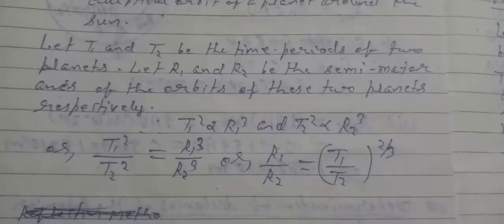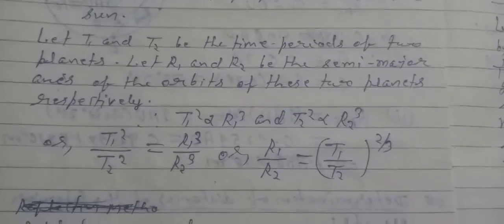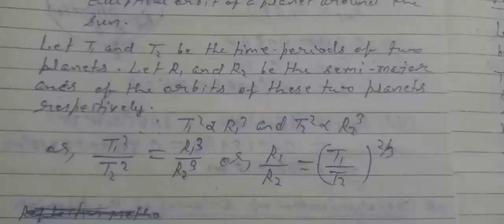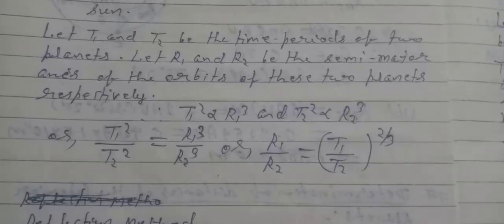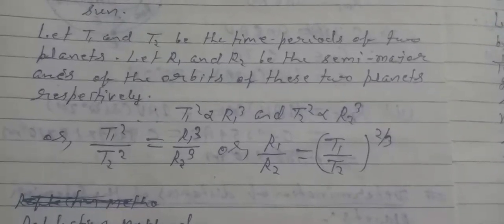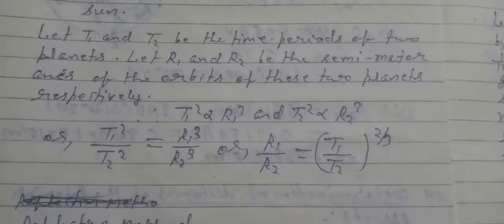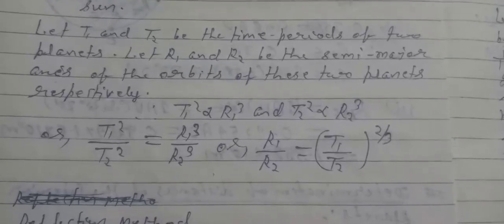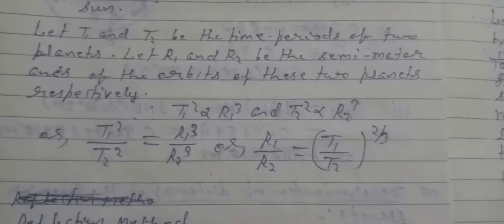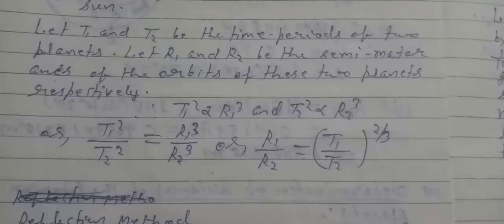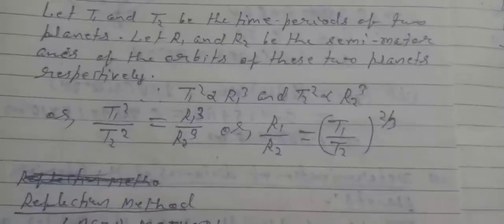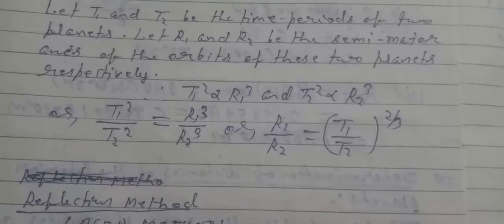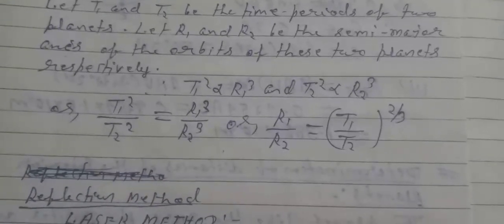Then T1 square is proportional to R1 cube and T2 square is proportional to R2 cube. Hence T1 square by T2 square equals R1 cube by R2 cube, or R1 by R2 equals (T1 by T2) to the power 2 by 3. And using this formula we can calculate the distance of superior planets.